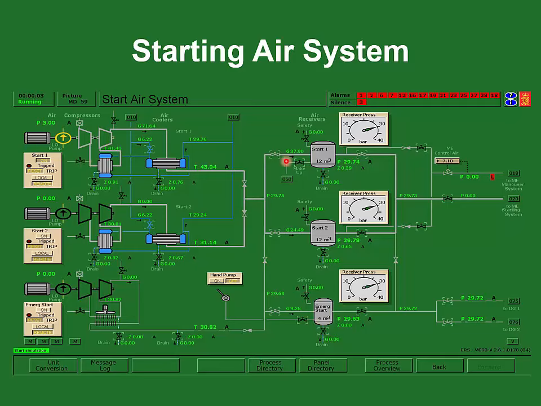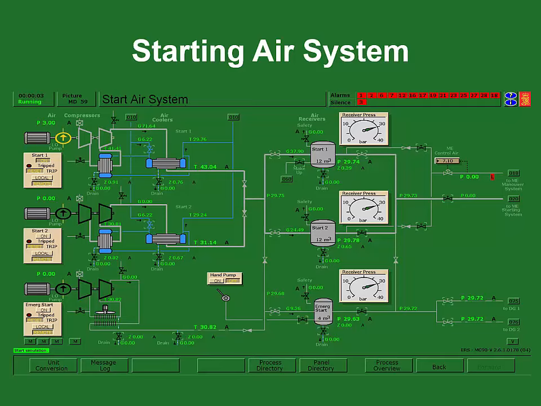So these compressors are used to fill these 2 main start air bottles, and those start air bottles will supply control air to the pneumatic control system for the main engine, and also the starting air for direct injection. Now, these bottles are quite large, and during normal operation, you would only have one of these bottles lined up for service.